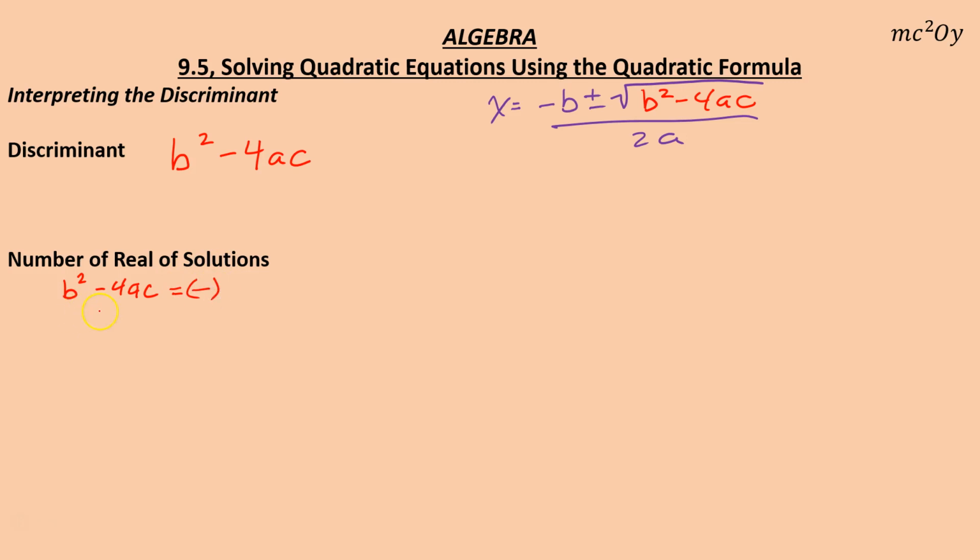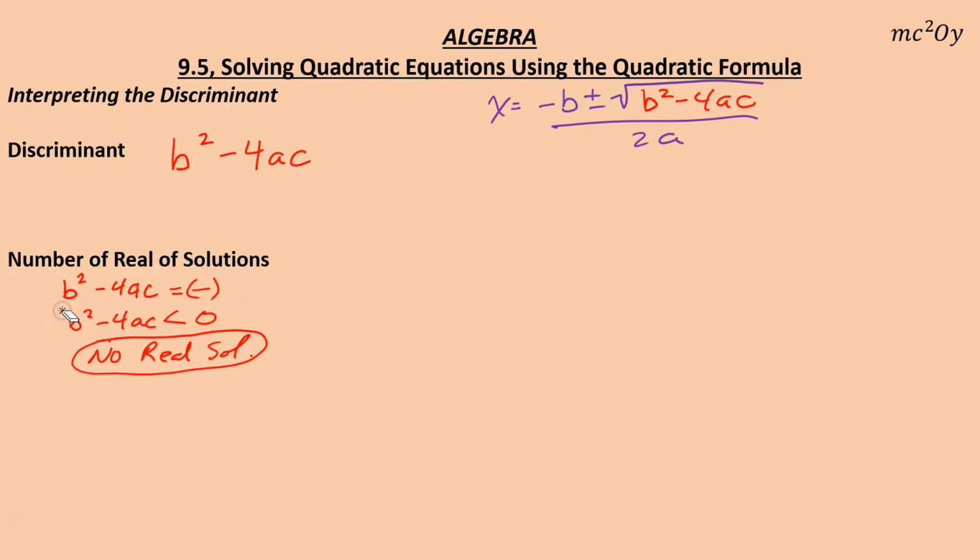Which, by the way, most textbooks will say it this way. When b squared minus 4ac is less than 0, okay, really that's what that means, right? Okay, then we have no real solutions. No real solutions when that happens, okay?